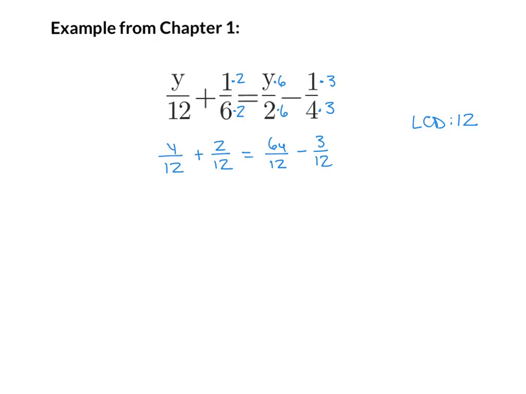So recall that when all of our denominators are the same, we can cancel them. What we are left with is y plus 2 equals 6y minus 3, and we can finish solving. So I'm going to move all of my variables to one side. I'm going to subtract 6y.